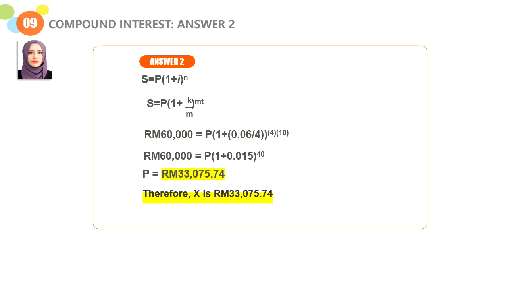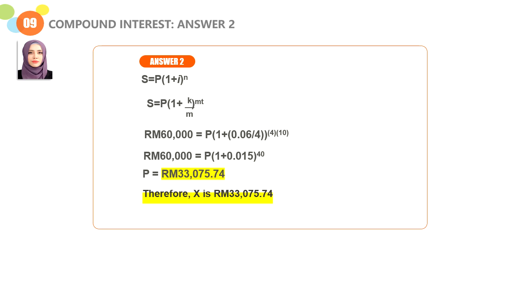Therefore, we compute all the variables into the formula just now. RM60,000 equals P, open parenthesis, 1 plus 0.015, close parenthesis, to the power of 4t.